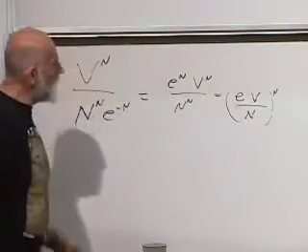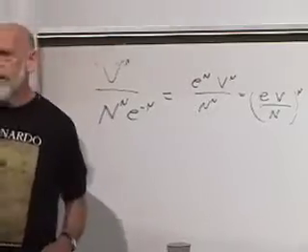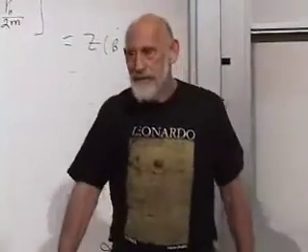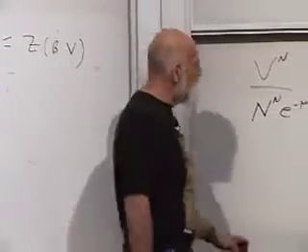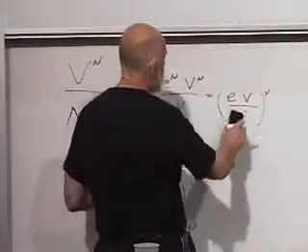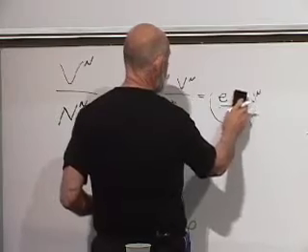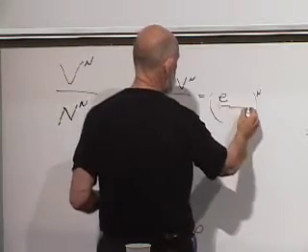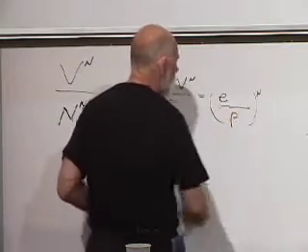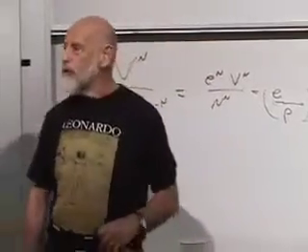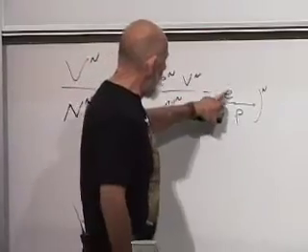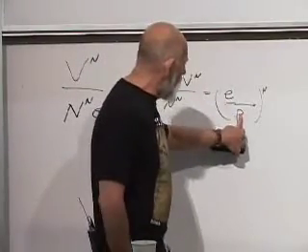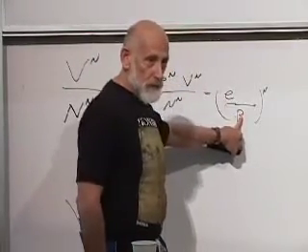Now, what is V over N? Or N over V? Density. N over V is the density. So in fact, this is e divided by the density, rho, to the power N. In other words, for each particle in the system, there is a factor of 1 over density in the partition function.